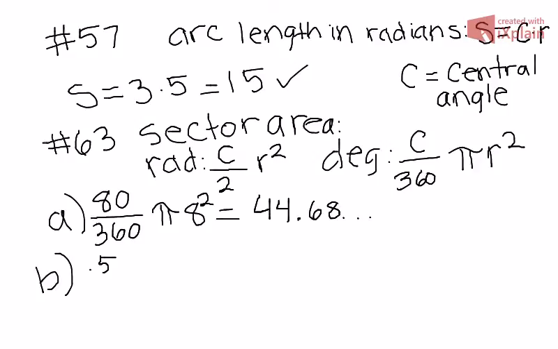All right, and then B, remember that is the radians, right? It says there's 0.5 radians, so we have to make sure to use the radians formula. So we have 0.5 over 2 times that radius, which is 10 squared, right? So we calculate that and we get 25. Alrighty, good deal.